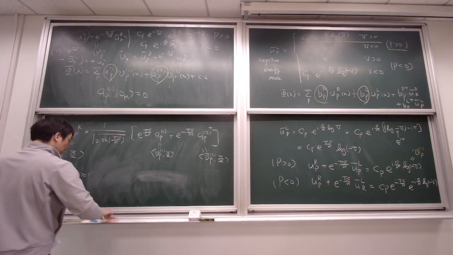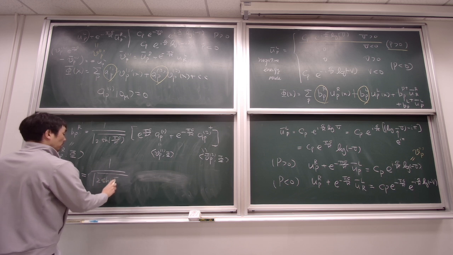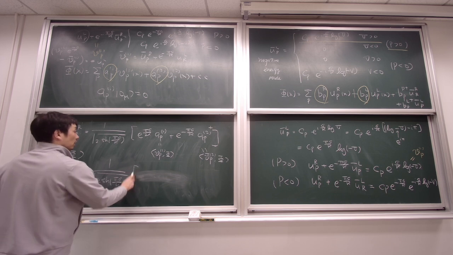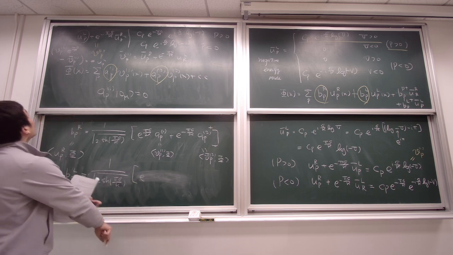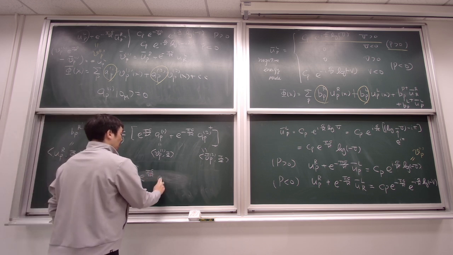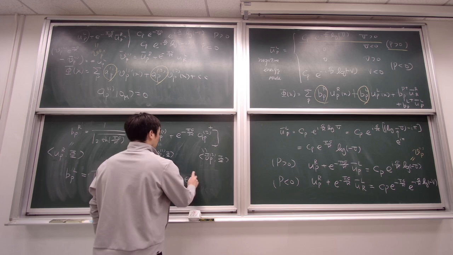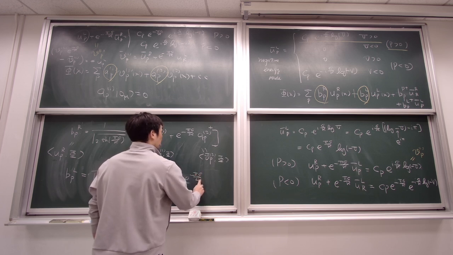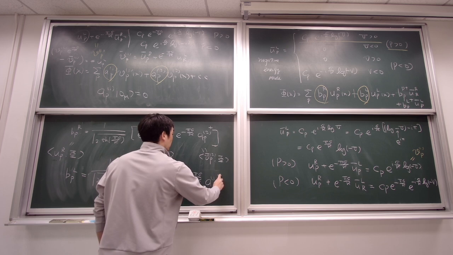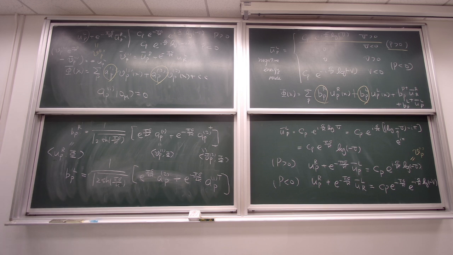What you get is something like this: square root 2 sinh pi sigma over kappa, and the same factor, e to the pi sigma over 2 kappa, but now a2 of p plus e to the minus pi sigma over 2 kappa, and a1 dagger of p. That's what you get from this calculation.